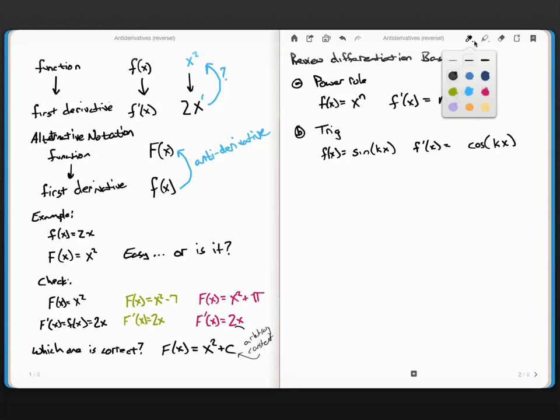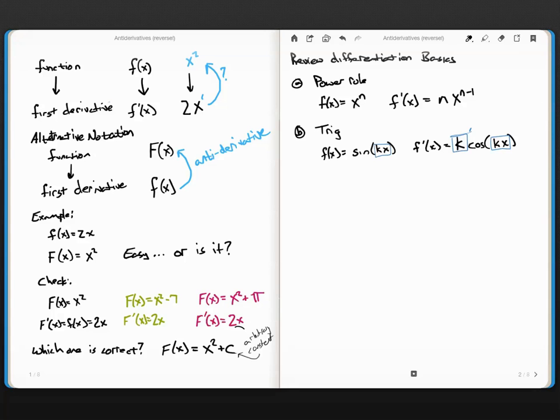But remember, we've got this blue box, and out here we need the blue box prime. What's the derivative of the blue box in this case? Well, it's just k.